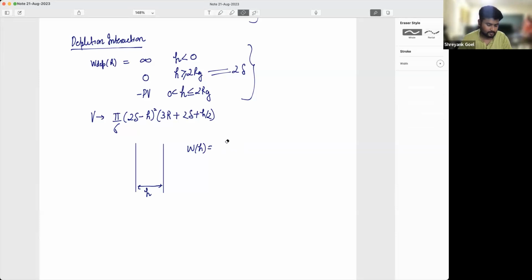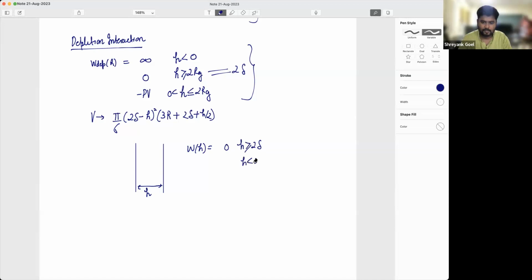This is 0 if h is greater than 2 delta. If h is less than 2 delta, it becomes minus n kBT into (2 delta minus h).